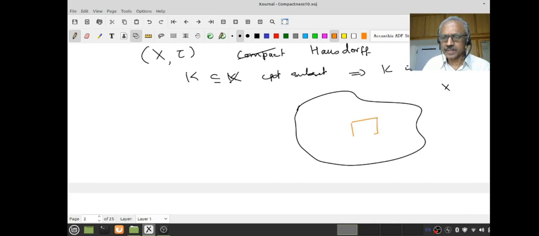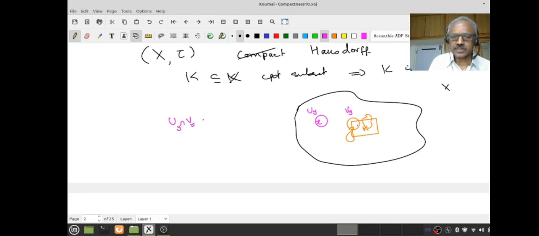So this is my K. I want to show this is closed, so give me an x. What I did was, for each y here I chose an open set. So for each y I had an open set U_y which contains x, and an open set around y, which we will call V_y, so that U_y intersection V_y is empty.